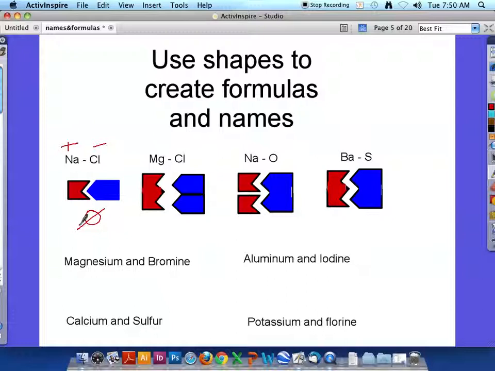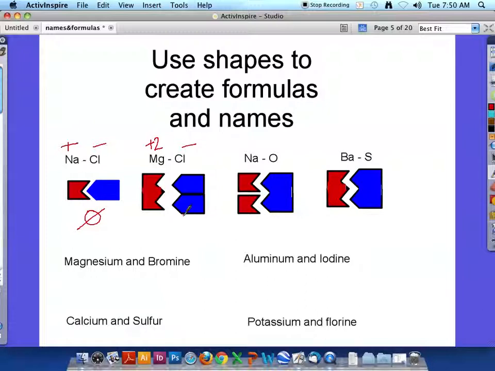Then if you do the same thing with the next group, with magnesium and chlorine, find magnesium on your periodic table, you would see that it has a +2, and chlorine, each one has a -1. So visually, magnesium has 2 areas because of its +2 charge, and chlorine has a single one, but you need 2 of them.